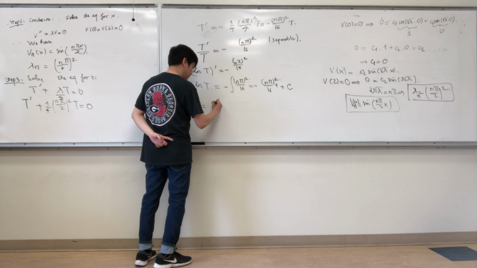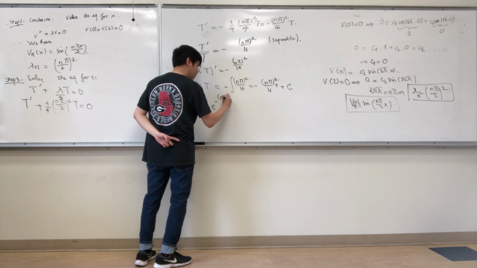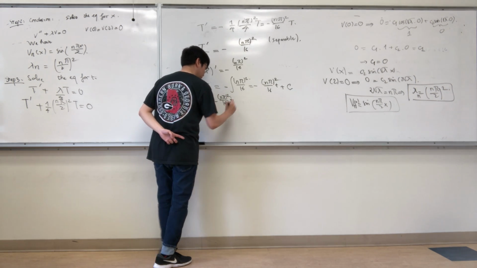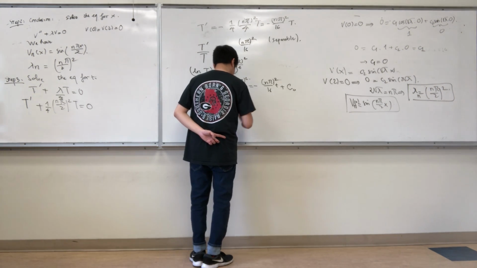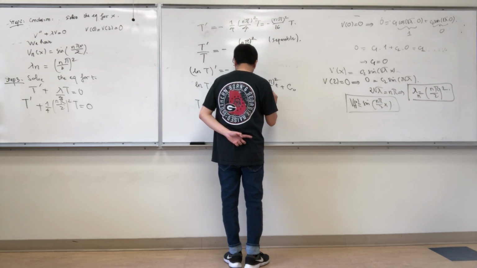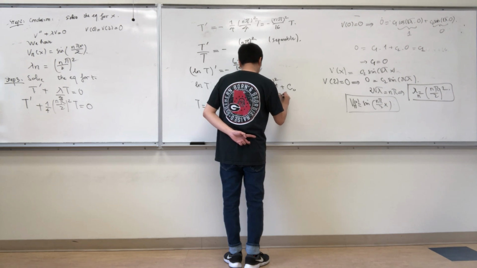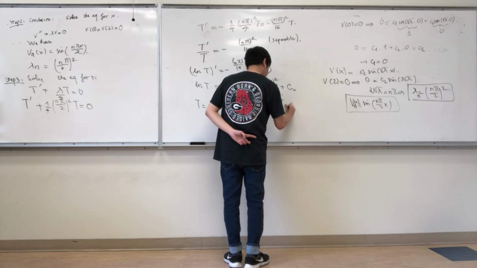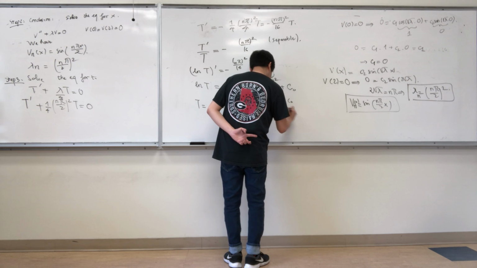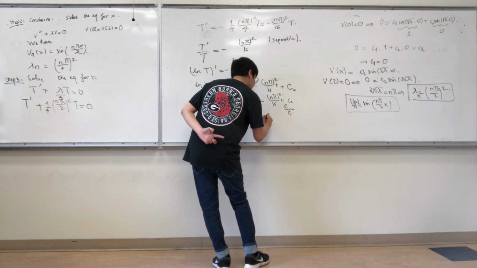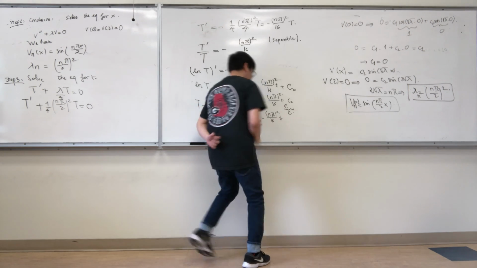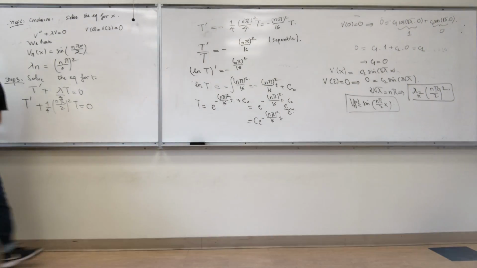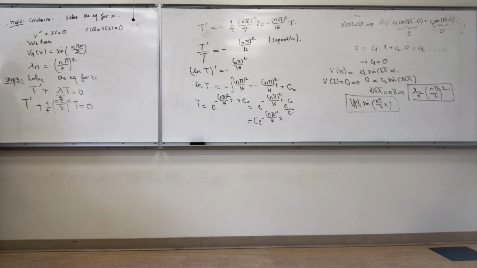So this gives me exponential of minus n pi squared over 16 t plus c0. This gives me e to the power minus n pi squared over 16 t times e to the c0. I call this c. And this is c e to the power minus n pi squared over 16 t. Alright? This is quite easy to solve.